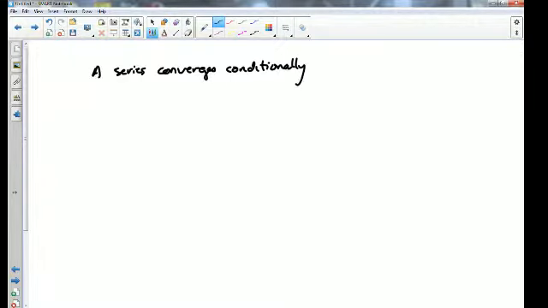Okay, conditional convergence is not really something that comes up very much, but it is worth noting. A series converges conditionally if the series converges, but the absolute value diverges.